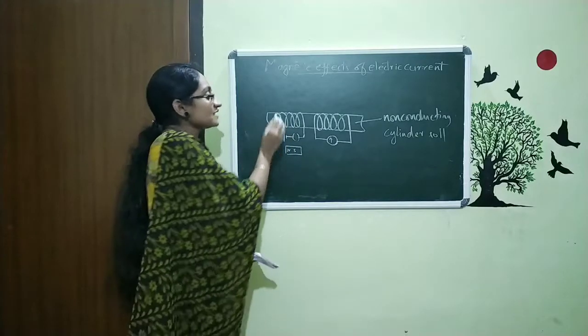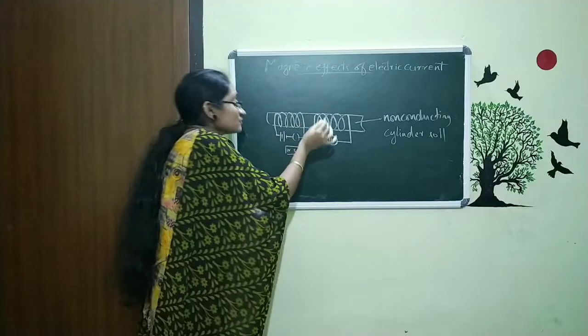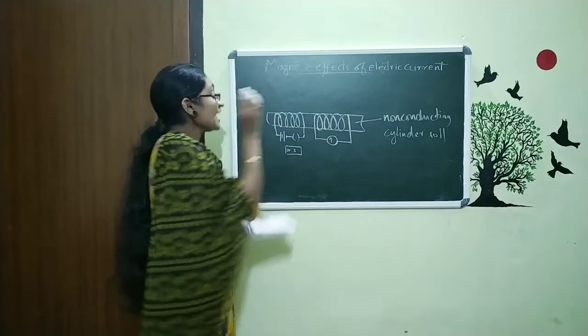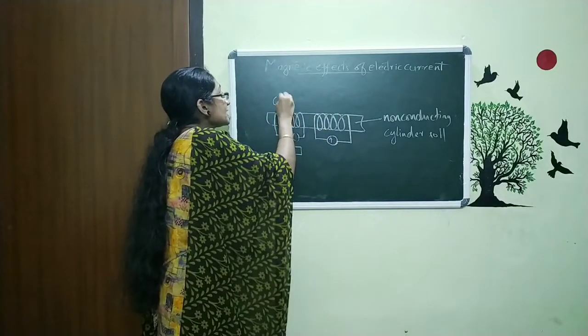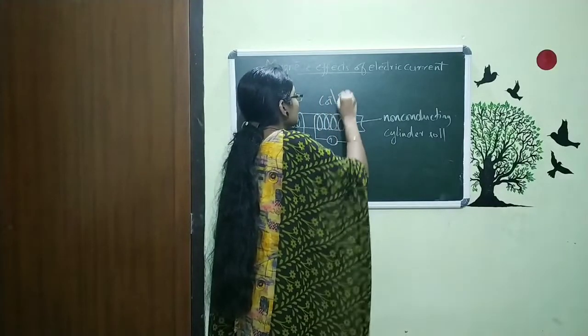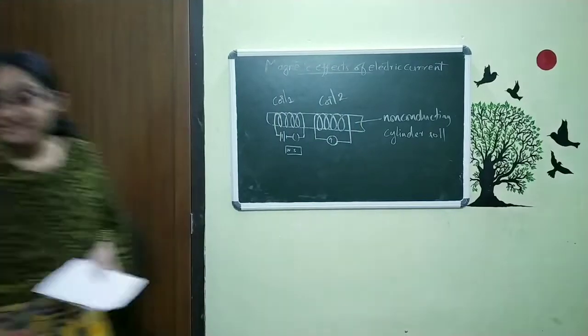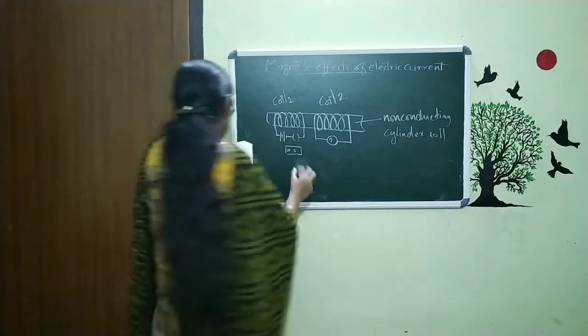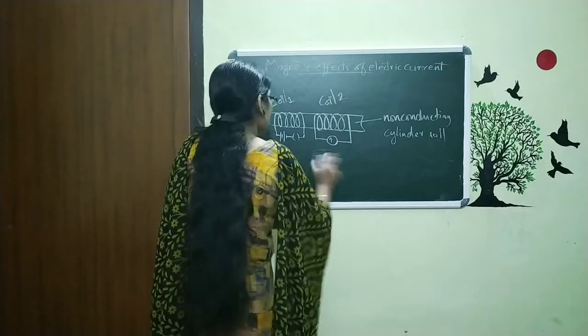Electromagnet. So, we are using an electromagnet instead of a permanent magnet. That is the setup. And here we have one coil and we have another coil. This is coil 1 and this is coil 2, and these coils have names.